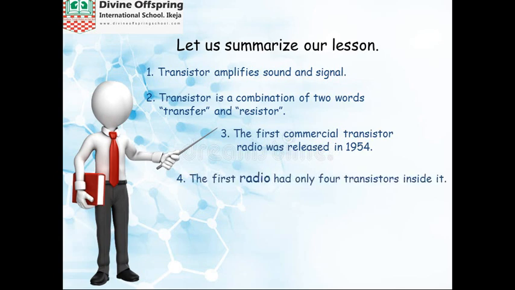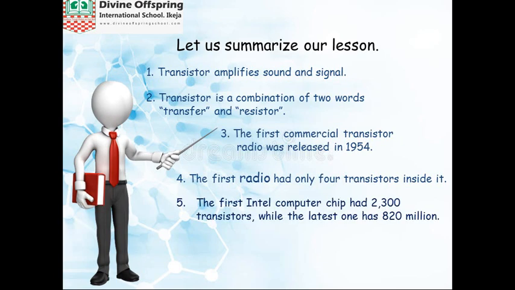The first radio had only 4 transistors inside it. The first Intel computer chip had 2,300 transistors, while the latest one has 820 million. Lastly, transmitters are used in radio houses to communicate.